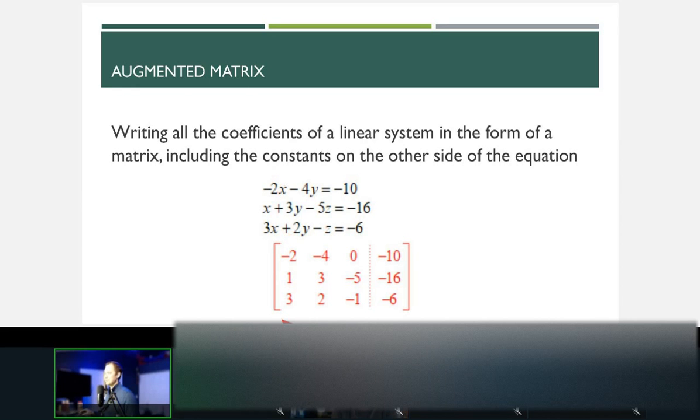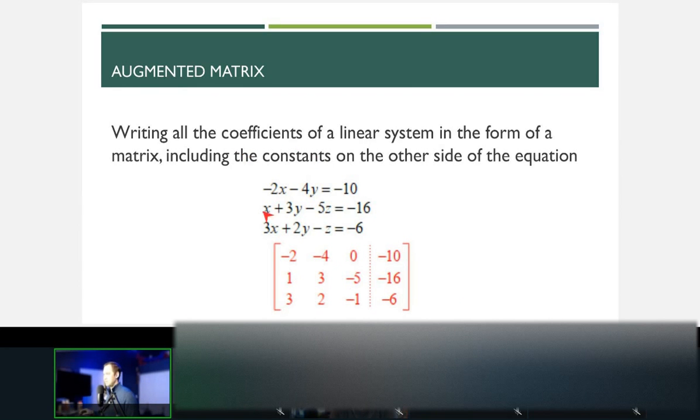We have an x column, we have a y column, we have a z column, and we have an equals some constant column. So if you notice for the first one, we have x, y, we're missing a z equals a number. So we have our negative 2x, we have our negative 4y, we have our plus 0z, and then equals a negative 10. That's the first equation.